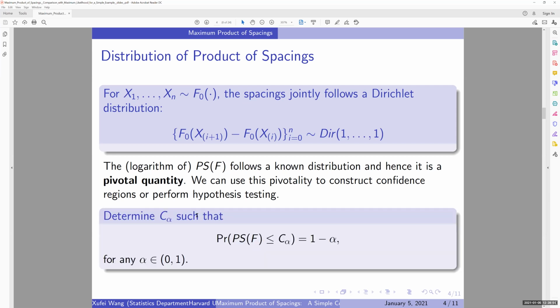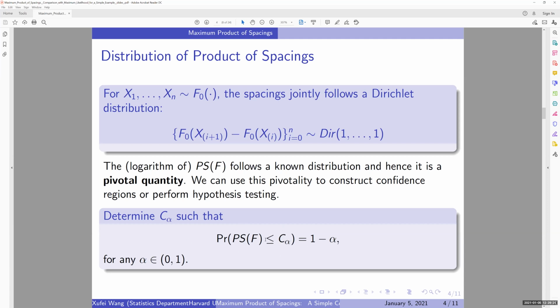For example, we can use this pivotal quantity to define the confidence interval like this. We know that C alpha is the quantile from this null distribution of the product of spacing, and we find the F that makes this product of spacing smaller than this value with probability 1 minus alpha.